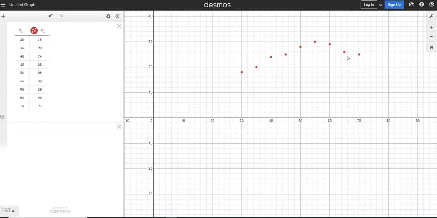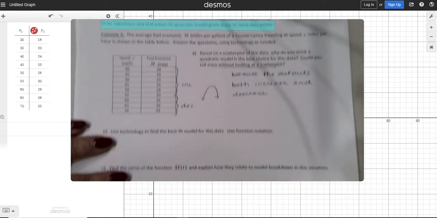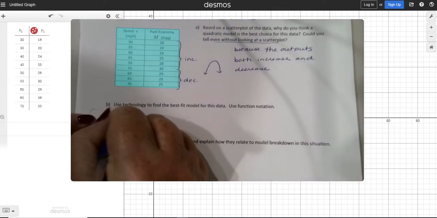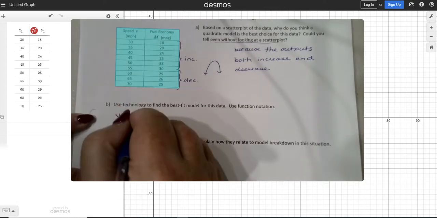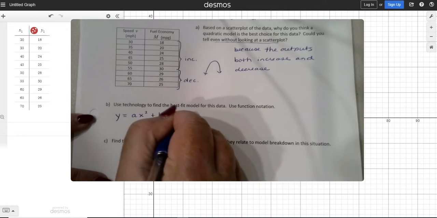So I'd now like to, this is part B, use technology to find the best fit model using function notation. Remember with a line, we just thought about y equals mx plus b. What does the equation for a parabola look like? Well, a parabola in standard form is y equals ax squared plus bx plus c.